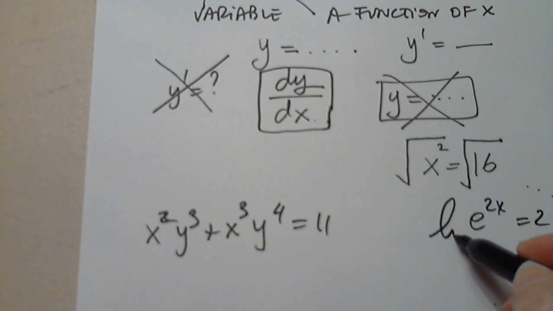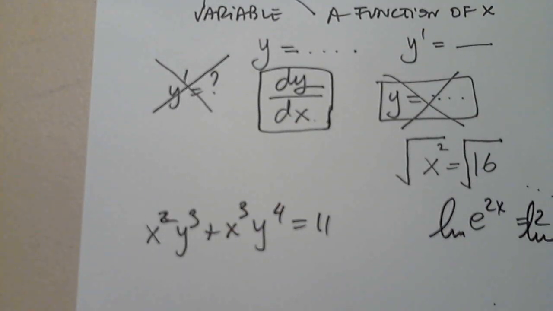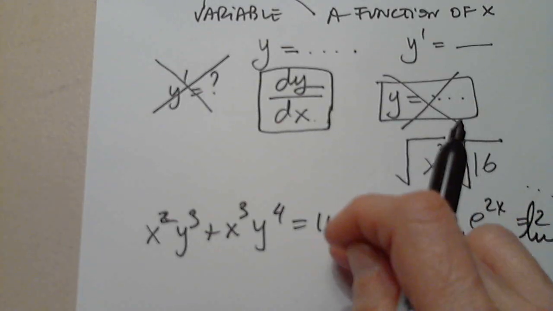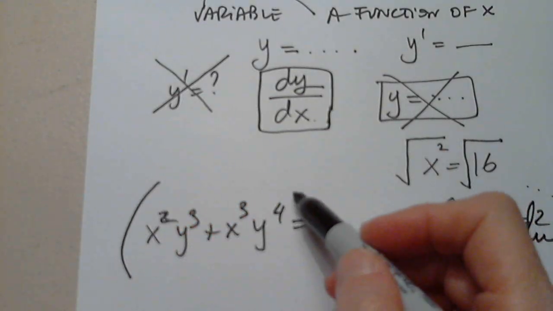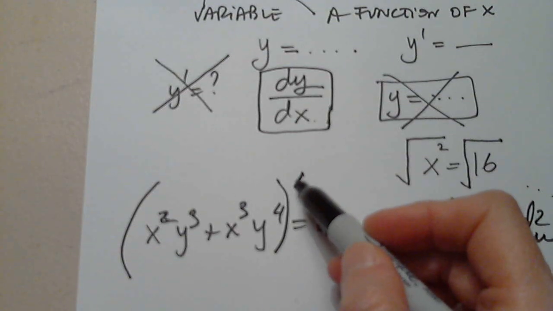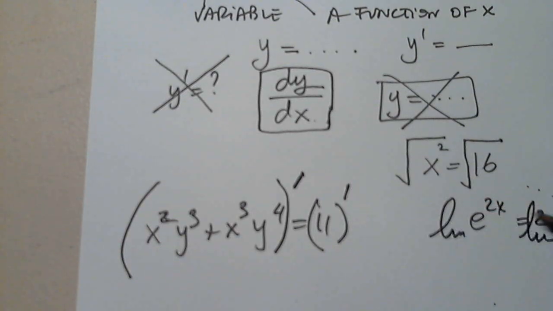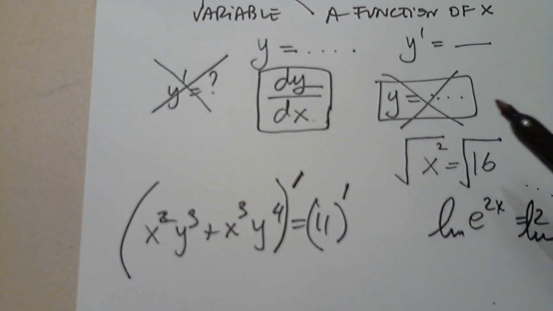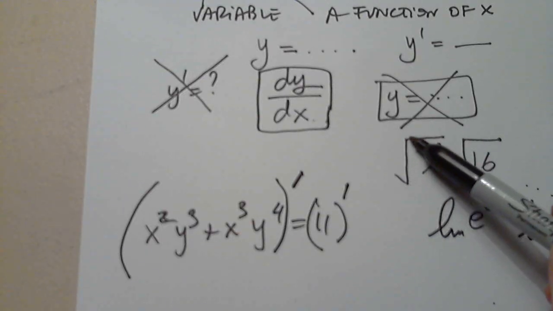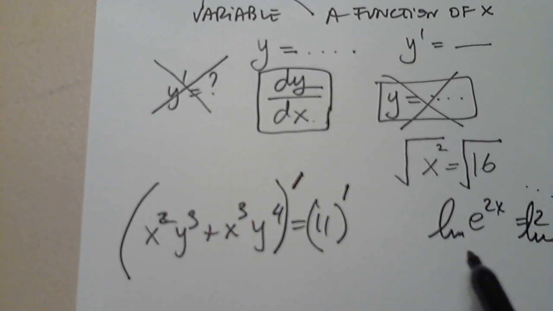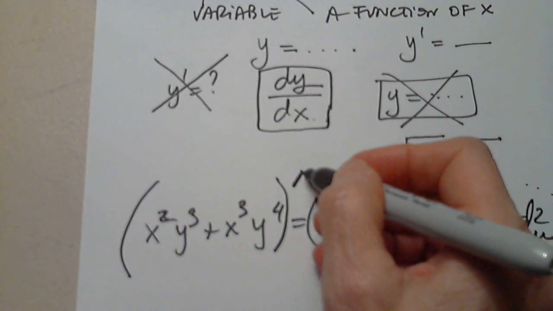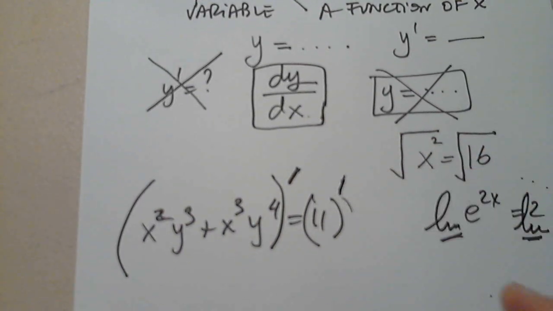We applied natural log to both sides. The same thing here. I am allowed to apply this procedure to both sides. It's the operator, right? I applied an operator to both sides, another operator to both sides, another operator to both sides.